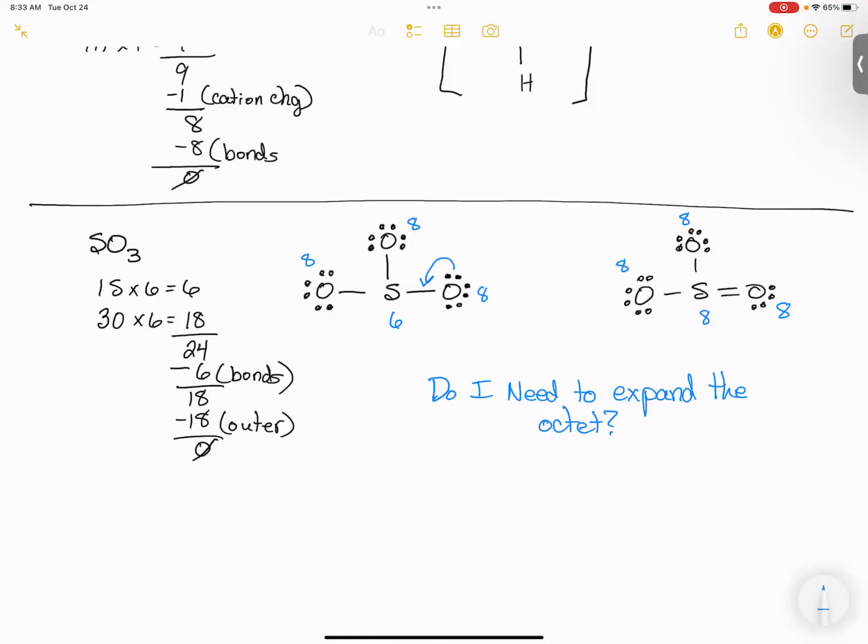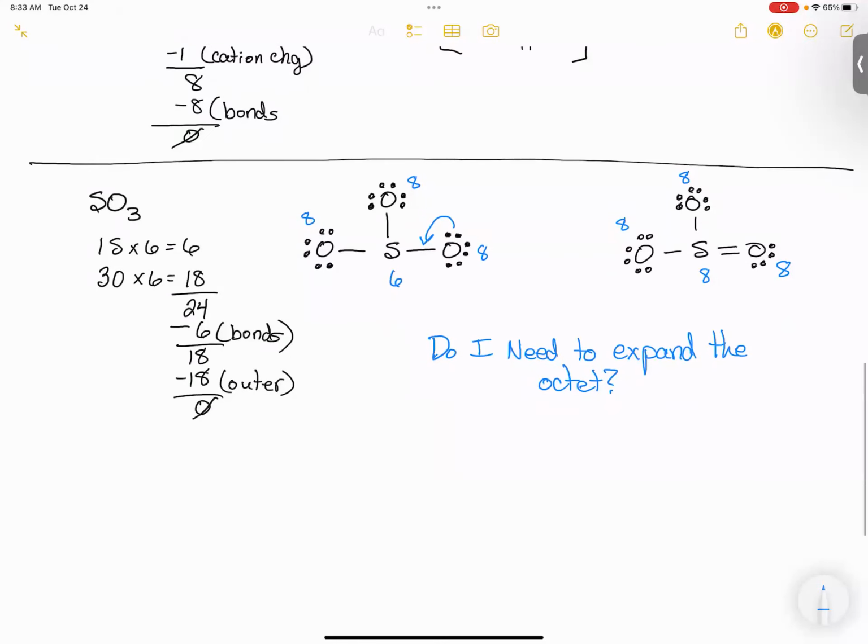And the way to determine if you need to expand is to calculate the formal charge on each atom.